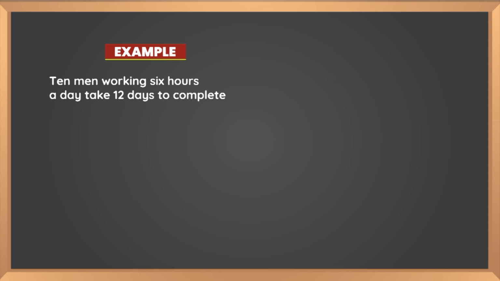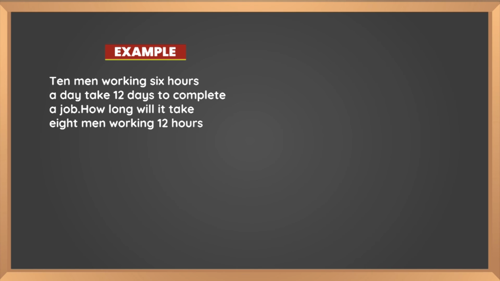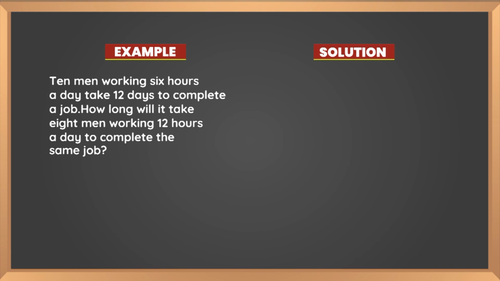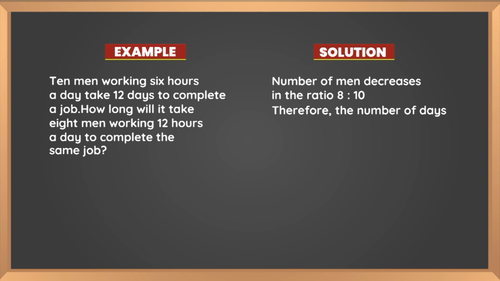Let's try another example. 10 men working 6 hours a day take 12 days to complete a job. How long will it take 8 men working 12 hours a day to complete the same job? The solution: the number of men decreases in the ratio 8 is to 10. Therefore, the number of days taken increases in the ratio 10:8.